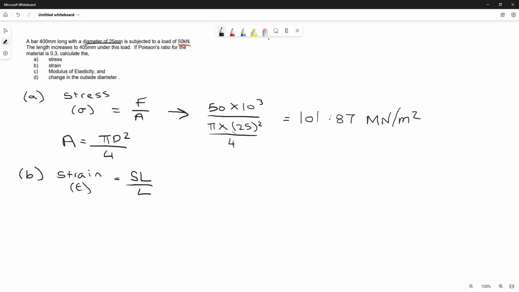So in our question, we can see that the length increases from the original length, which is 400, to 405. The change in length therefore would be 5.